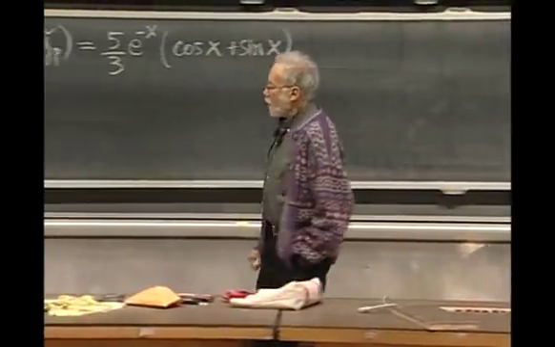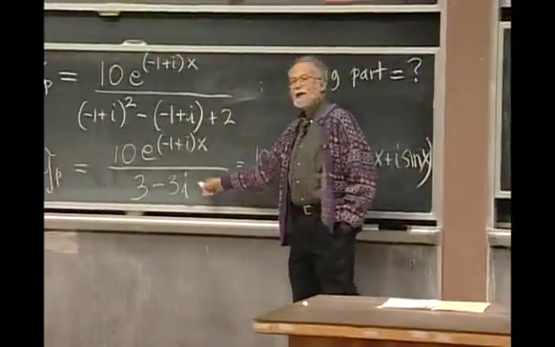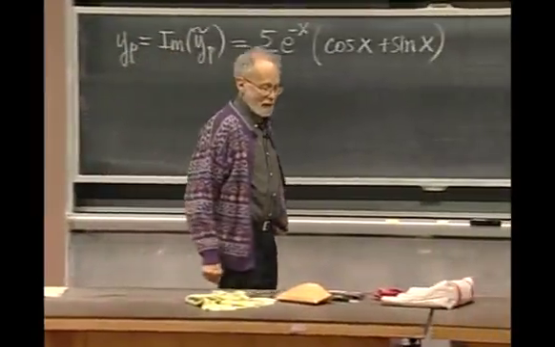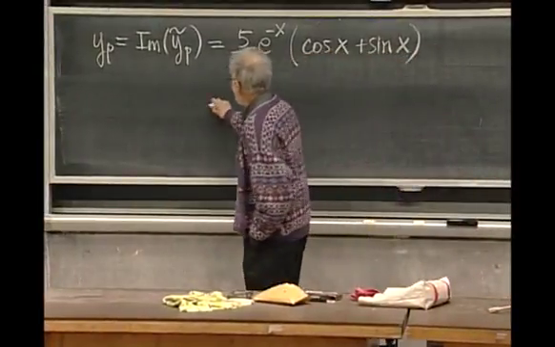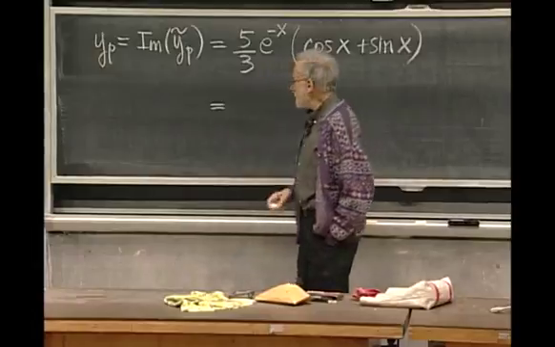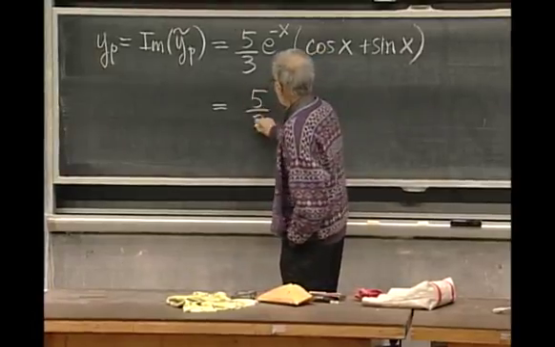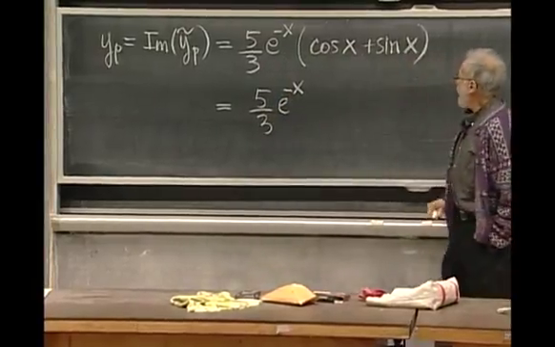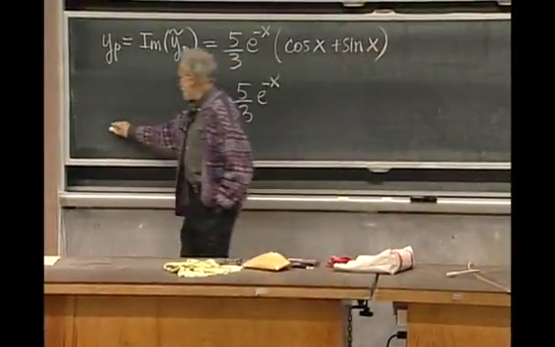Notice that most of the work is not getting this thing, it's turning it into something human that you can take the real and imaginary parts of. If we don't like this form, you can put it in the other form, which many engineers would do almost automatically. Make it 5/3 e to the negative x, and what will that be? Well, you can use the general formula if you want.